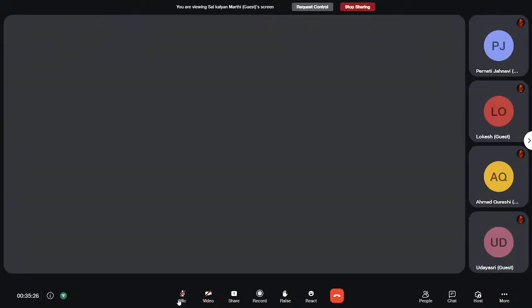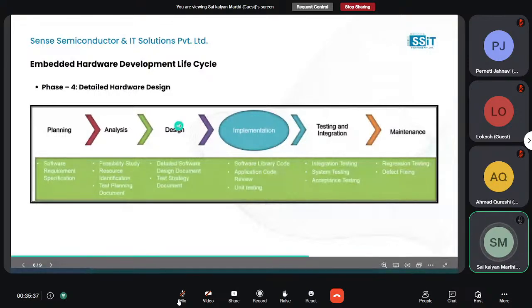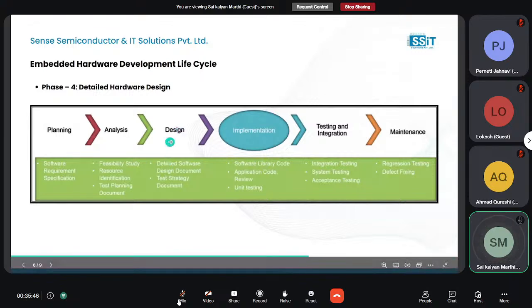The analysis part is audible to you? Okay, I think I'll start with the design as well then. Am I audible right now? Okay. So I'll start from the design again.